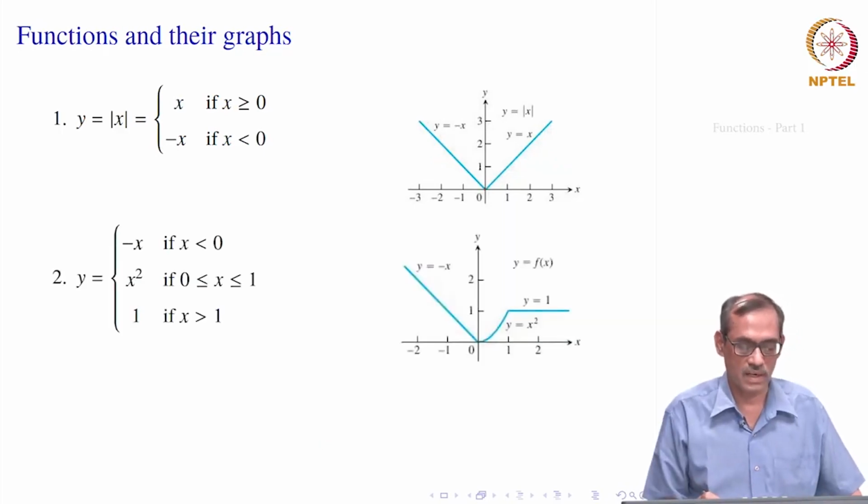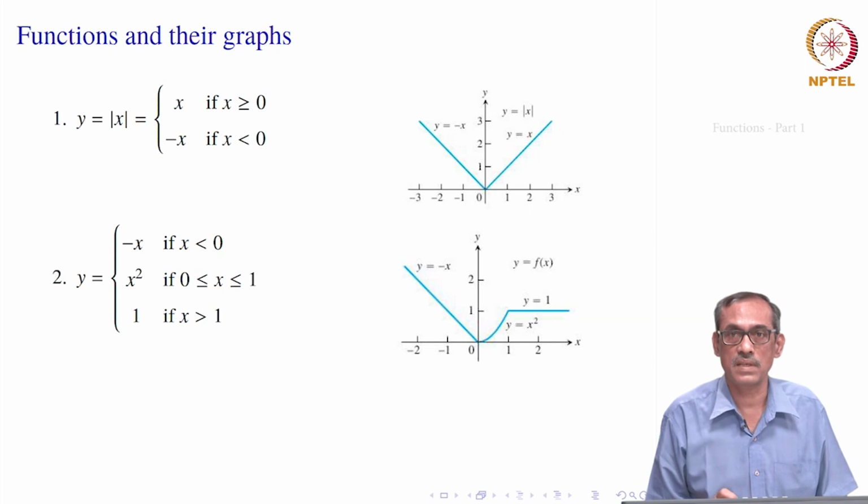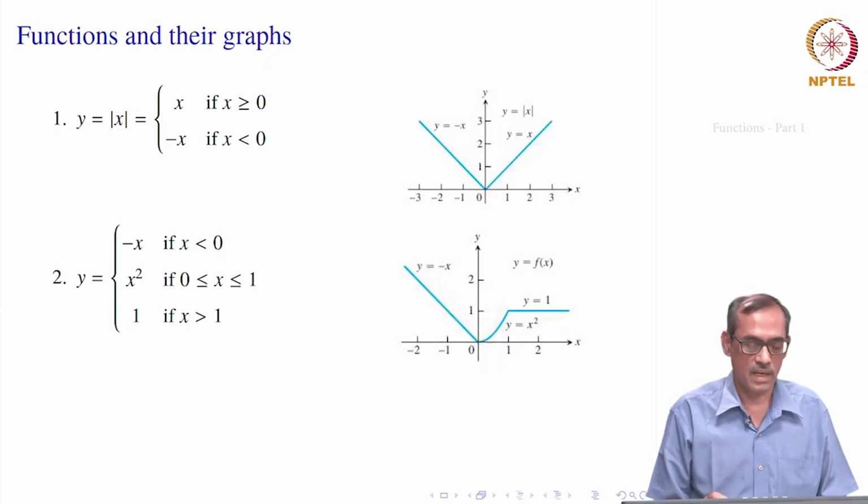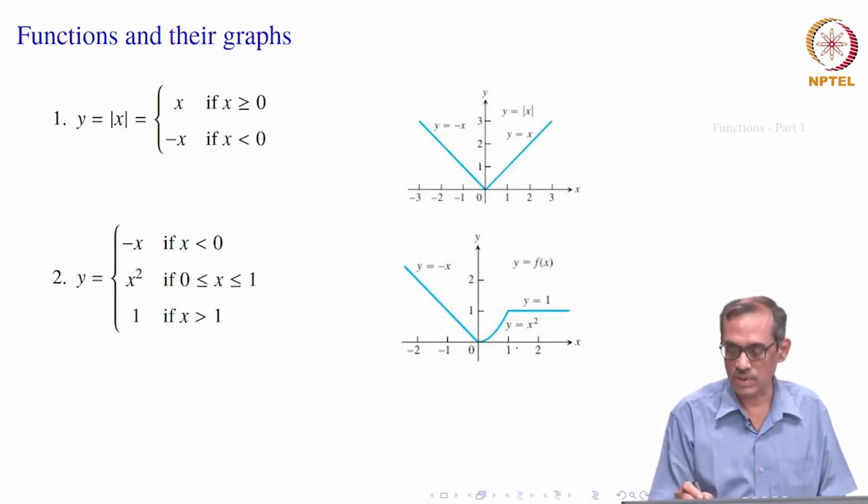Let us consider another. Suppose we give y as a function which is defined conditionally in 3 cases. It is minus x if x is negative, and it is x square if x lies between 0 and 1, including 0 and 1 also, and it is 1 if x is bigger than 1. It is a constant function if x is bigger than 1.